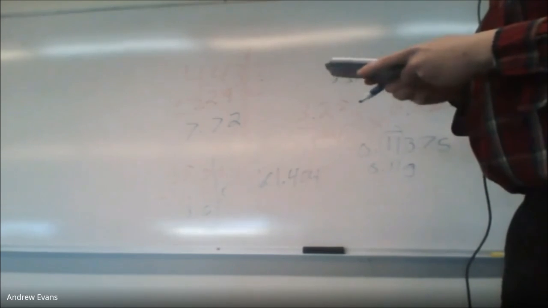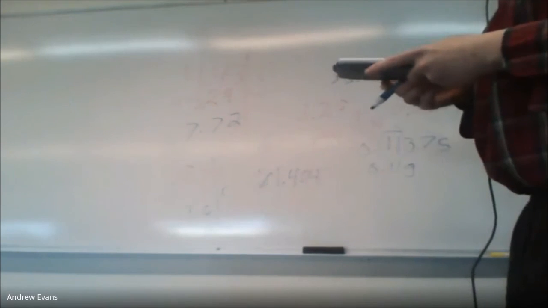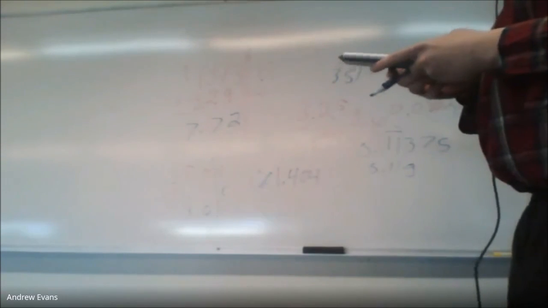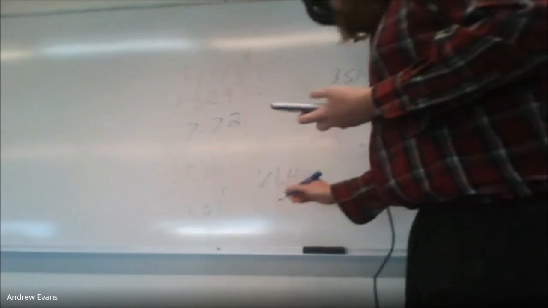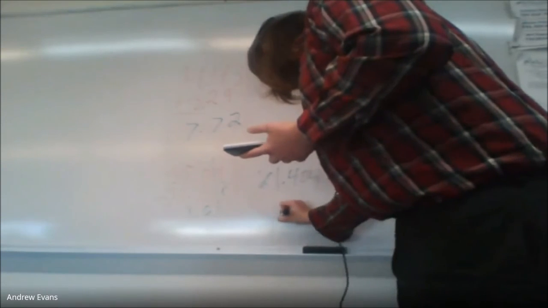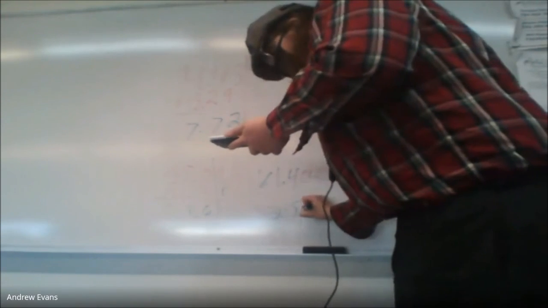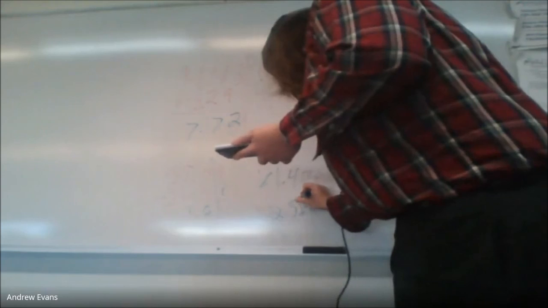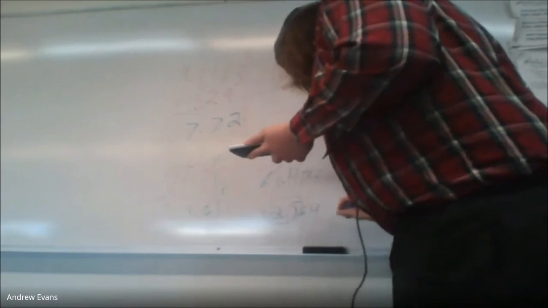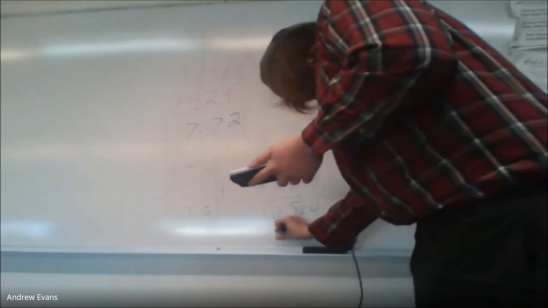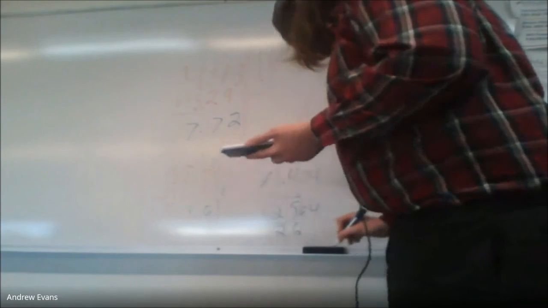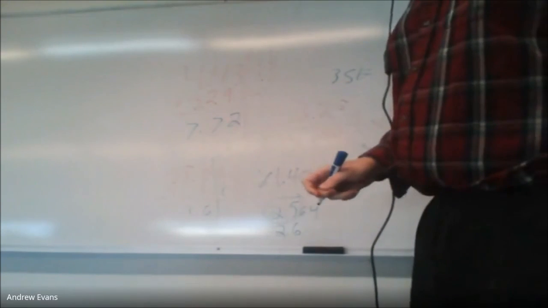So 3.6 divided by 1.404 would give you a full number of 2.564. But rounding that to 2 spots, that becomes 2.6 is my answer. 2.6.